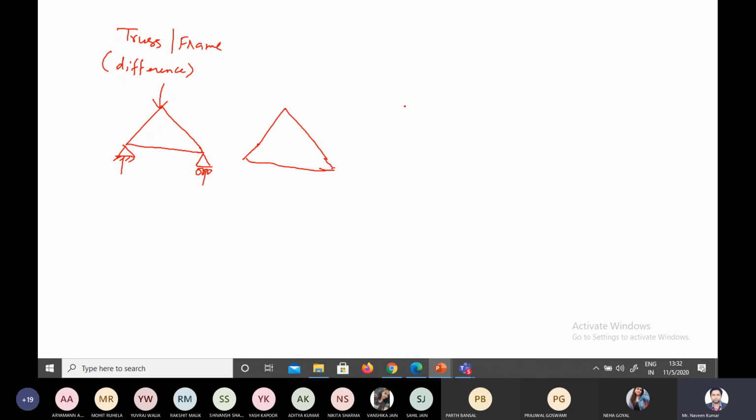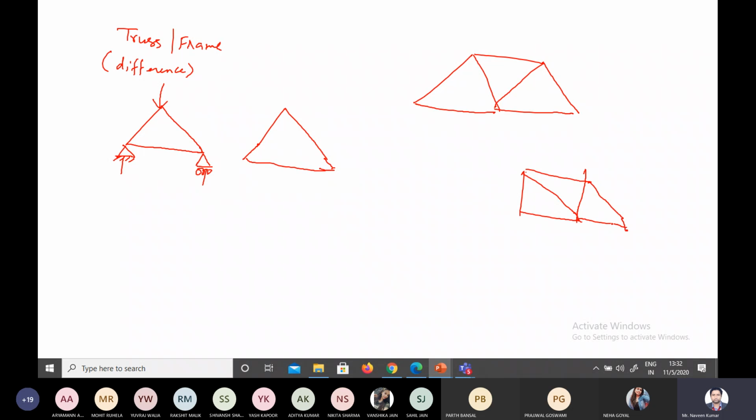You know, trusses can have a number of triangles. So I have just taken the simplest truss. So truss can have this type of triangles. You can see this number of triangles can be there also in the truss, like that. This is also a truss. Okay, if I make it like that, this is also a truss.